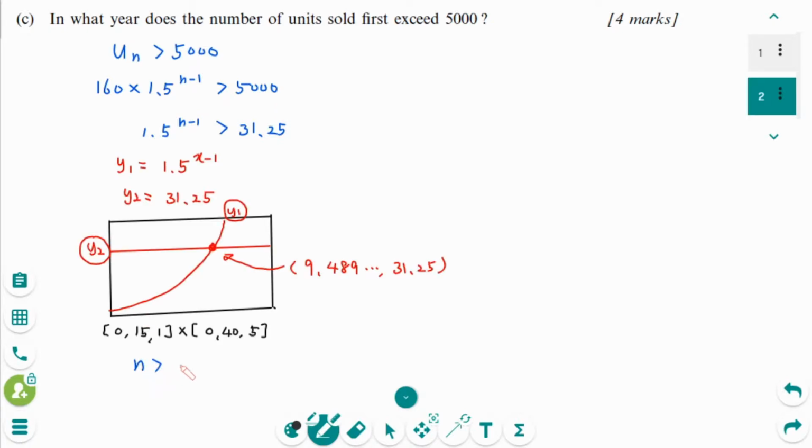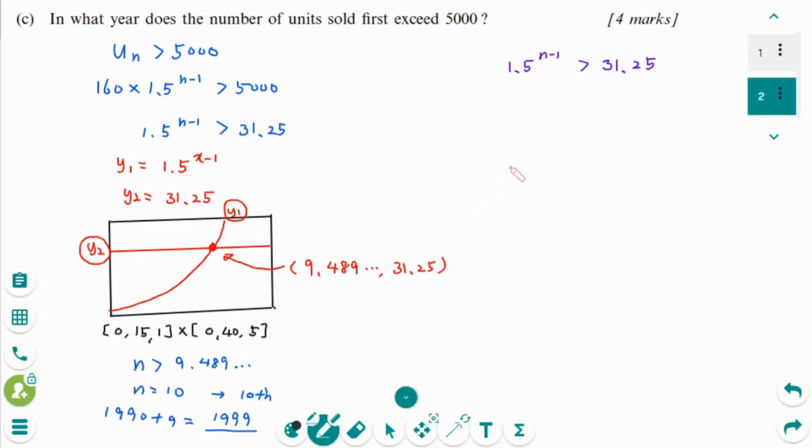N is greater than 9.489, which is 10. That means 10th year. So, in 1990 plus 9 equals 1999.